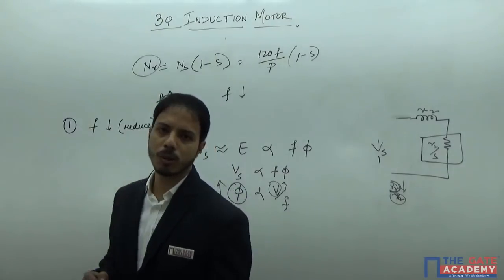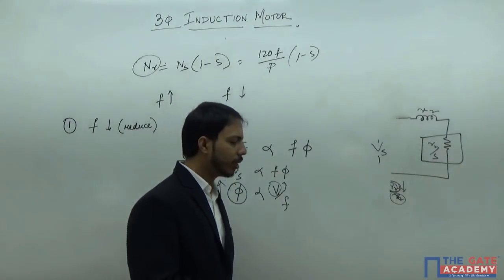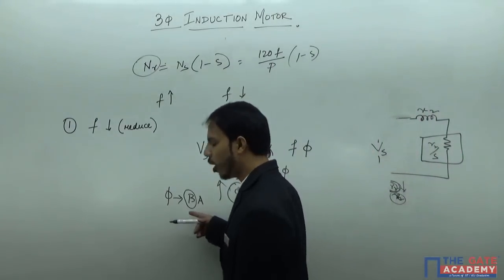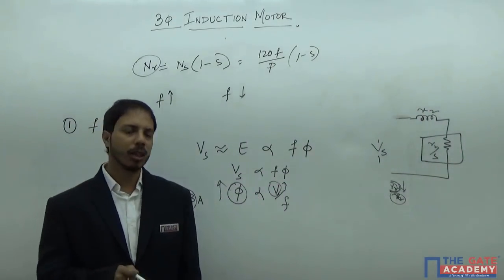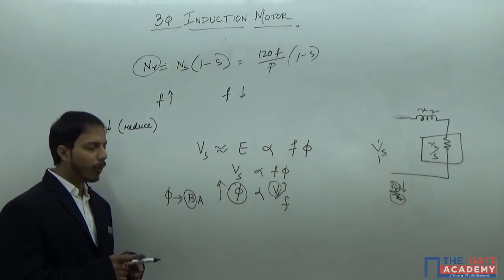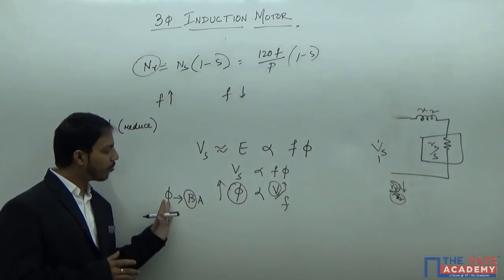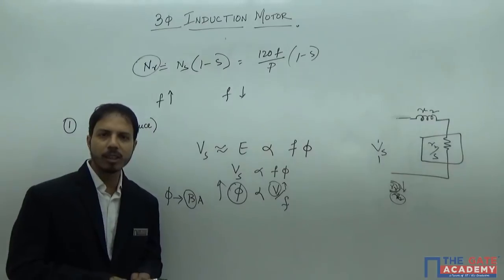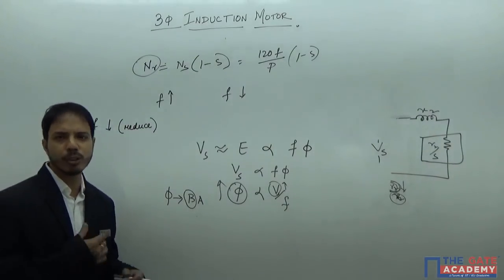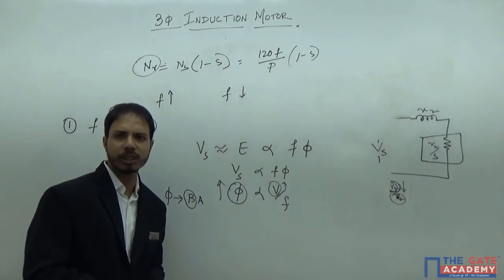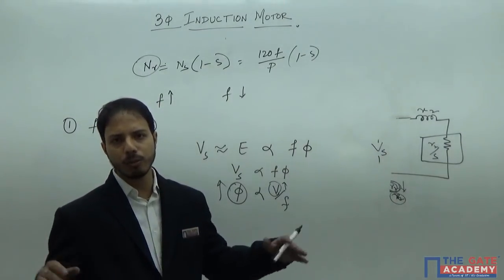Both eddy current and hysteresis loss are directly proportional to B, the flux density. So the moment I increase the flux without increasing the area, the flux density will increase and saturation will come. If saturation comes, there are lots of losses, and the BH curve area will increase.